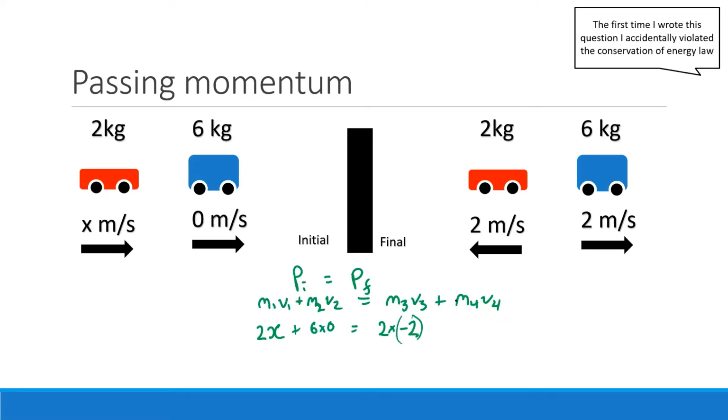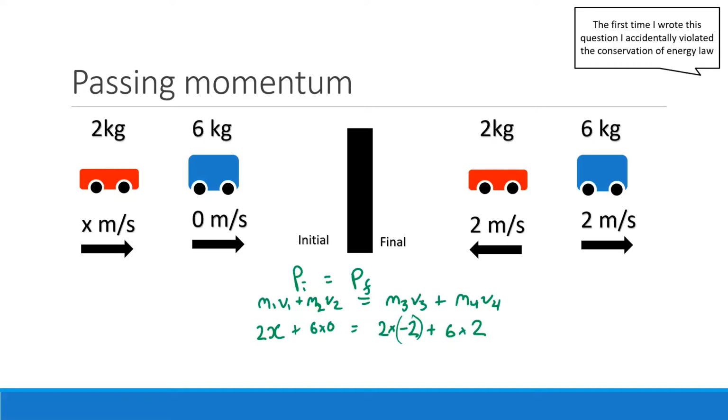And here we go, this is important, because this is going in the opposite direction of the initial, which we're going to call a negative, plus 6 times 2. We need to make sure this is a negative because ultimately, if they had the same velocity, if they both had 2, then they would be stuck together. And that would actually change the question a lot.